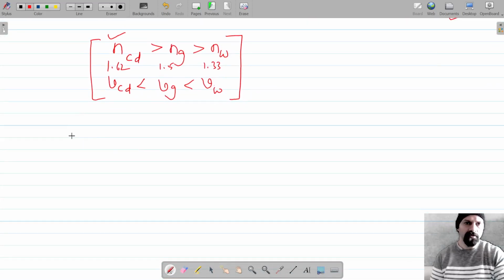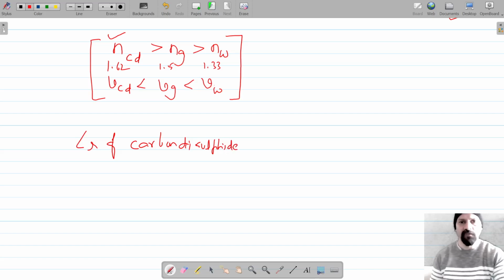So the angle of refraction of carbon disulfide is the least because it will bend more towards the normal. So this is less than the angle of refraction in glass, and then the angle of refraction in water.